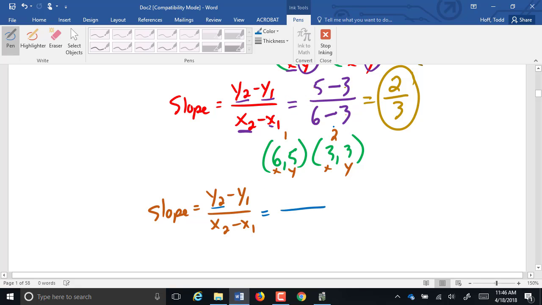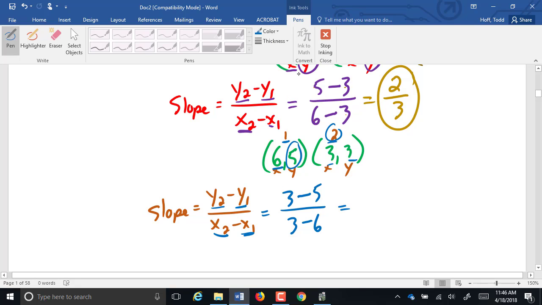So y2, point 2's y coordinate, is 3, minus y1, point 1's y coordinate, is 5. x2, point 2's x coordinate, is 3, minus x1, point 1's x coordinate, is 6.